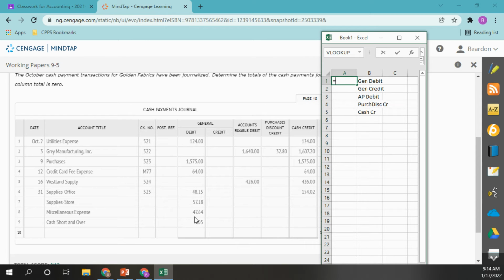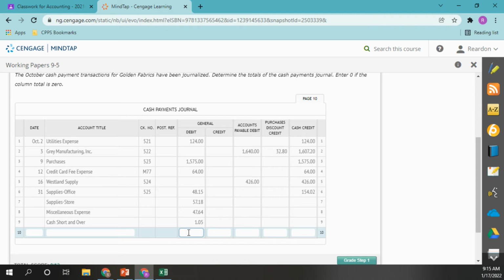I'm going to start with this first column here: 124 plus 1575 plus 64 plus 48.15 plus 57.18. By the way, don't rely on your ability to do math in your head. That's a good way to go sideways for a while. So I got 1917.02.